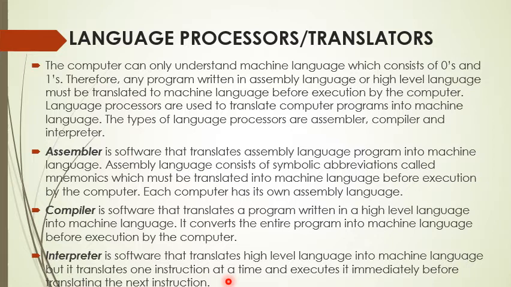Then that code is given to the processor. So automatically we can understand which one is better. The compiler will be better or faster, because once you translate the whole program, it takes less time.